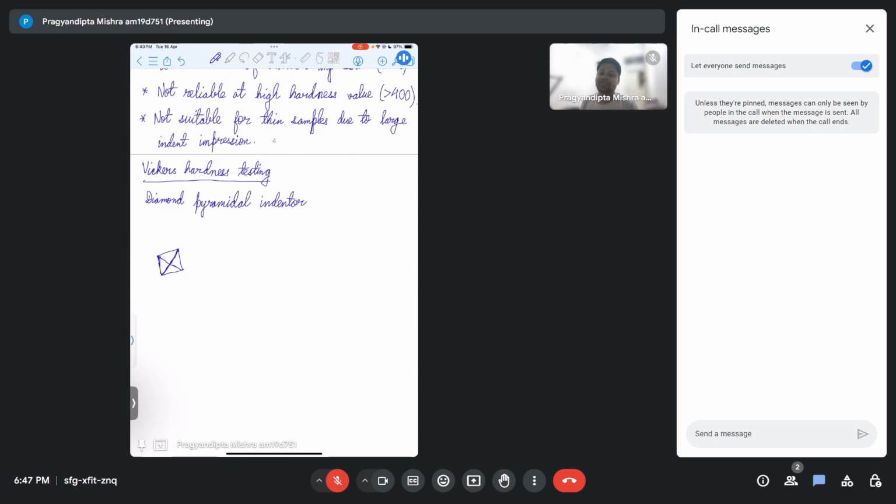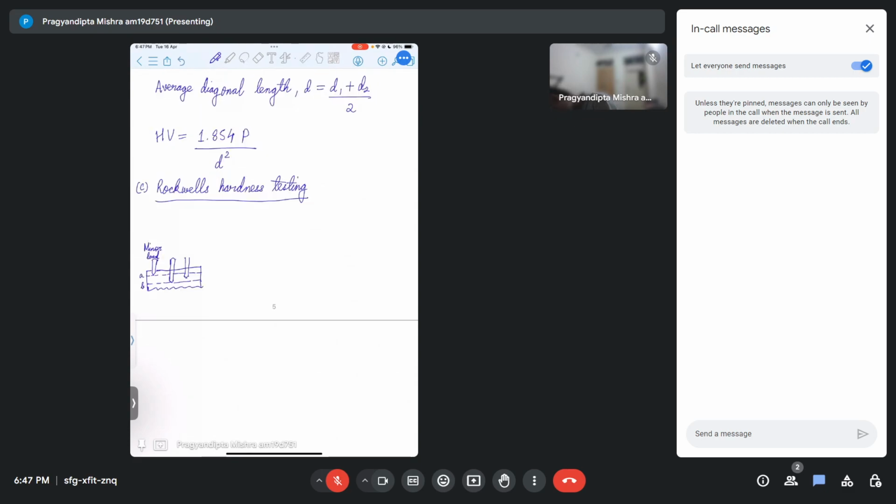Then we remove this major load. So what will happen is it will come back, the system would come back to some value C, some height C. Now the difference between A and C, the initial position of the indenter due to the minor load and the final position of the indenter due to the minor load, we'll measure.